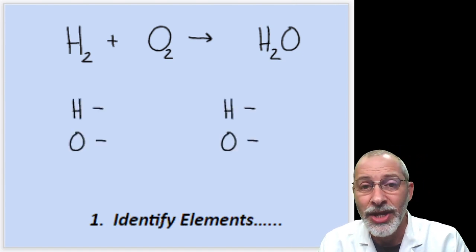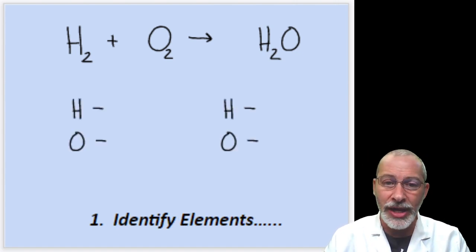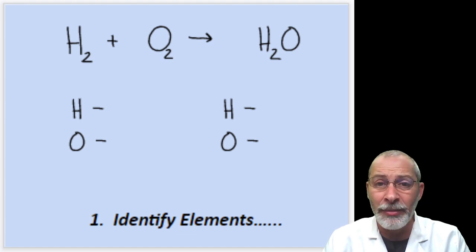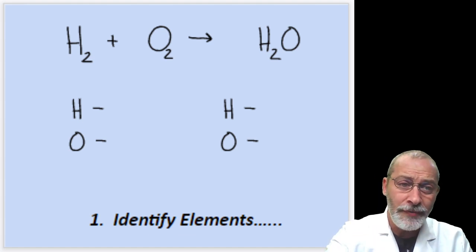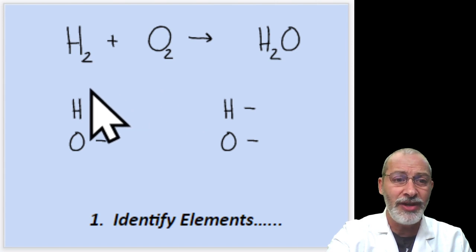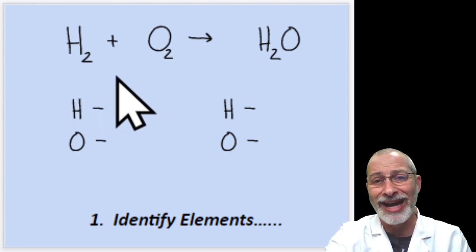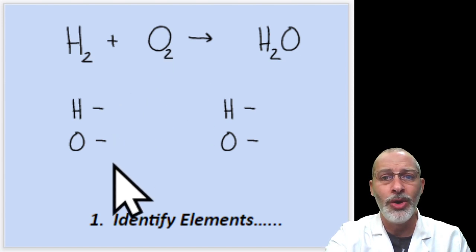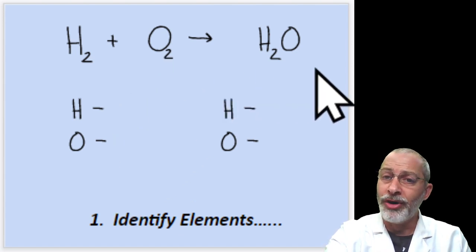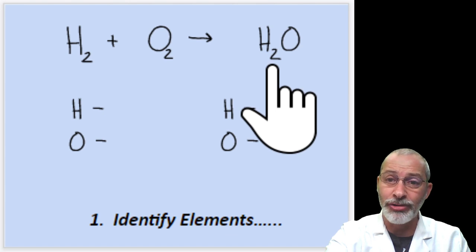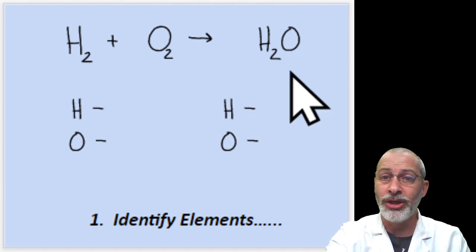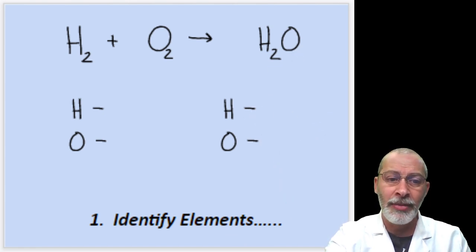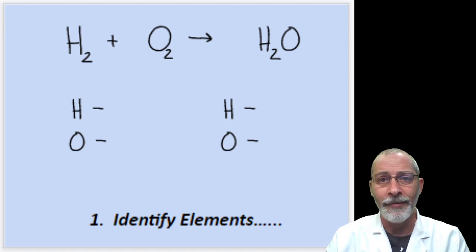So that is the first step of balancing equations. You identify the elements, and what you do is you look at each side of the equation. Look at the reactant side. We've got hydrogen. We've got oxygen. We list them. Over on the product side, we've got hydrogen. We've got oxygen. We list them. And I'm going to give you another hint along the way here.